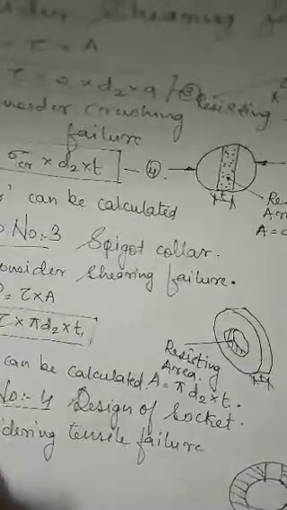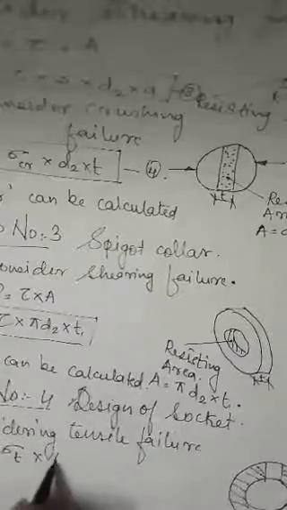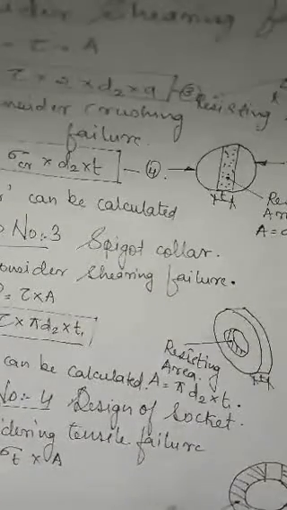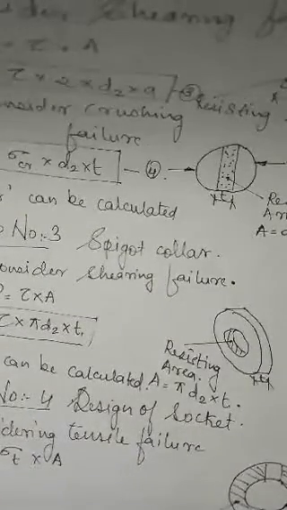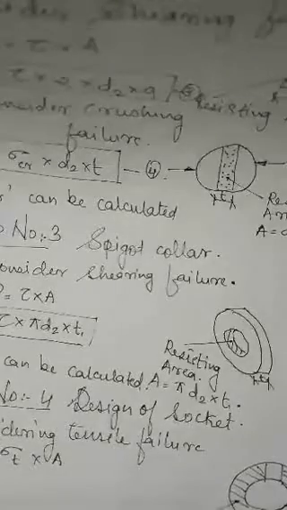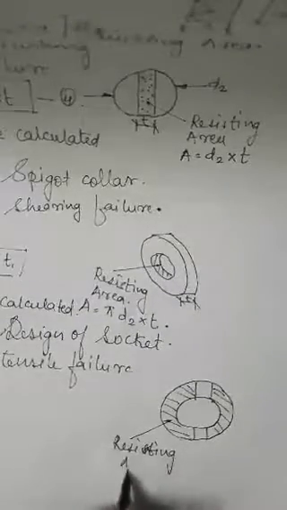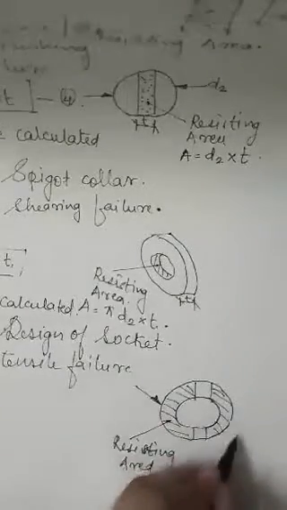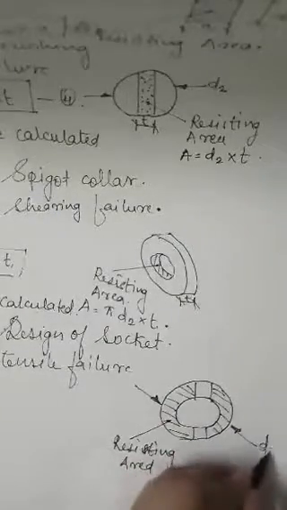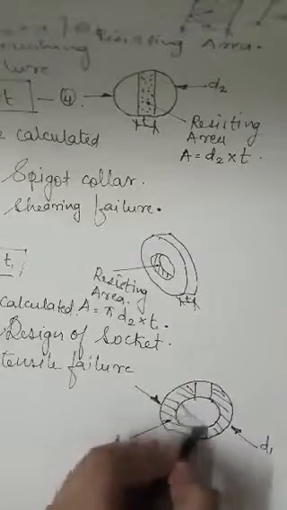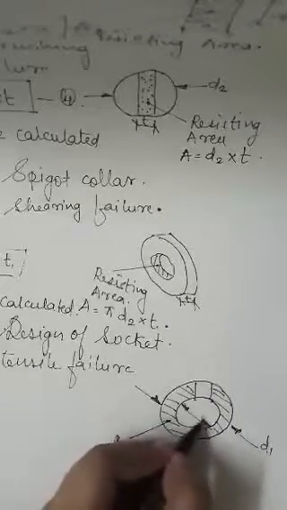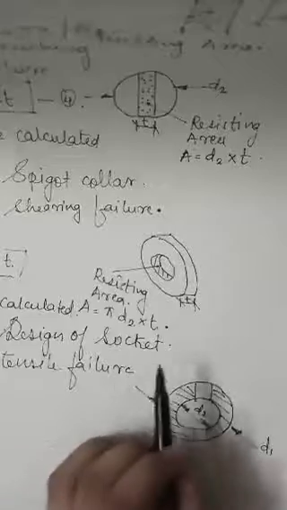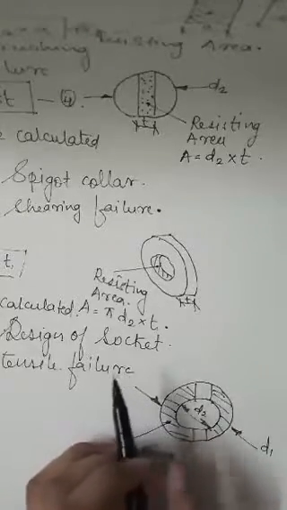For tensile strength, this has become our resisting area, with dimensions d1 and with the inner diameter d2, same as the diameter of the spigot.